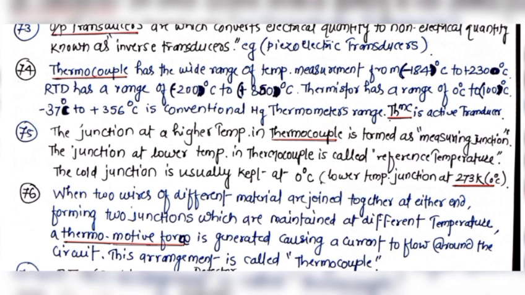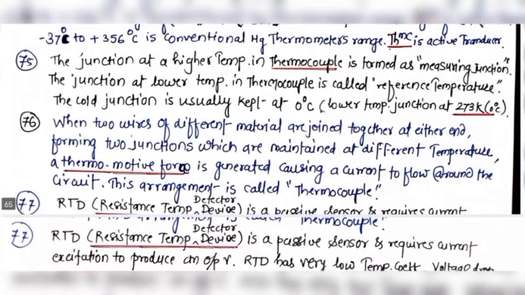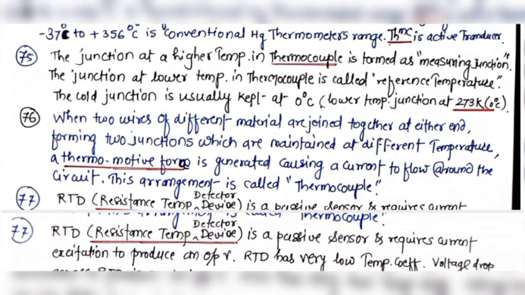RTD has a range of minus 200 degrees Celsius to plus 850 degrees Celsius. Thermistor has a range of 0 degrees Celsius to 100 degrees Celsius. Minus 37 degrees Celsius to 356 degrees Celsius is the range of conventional mercury thermometers.